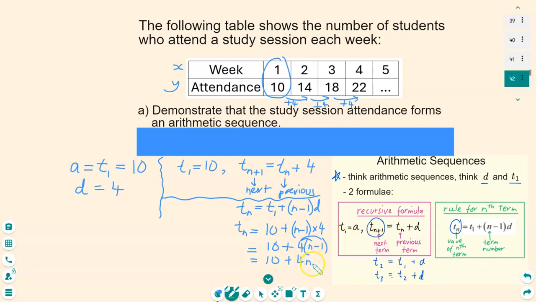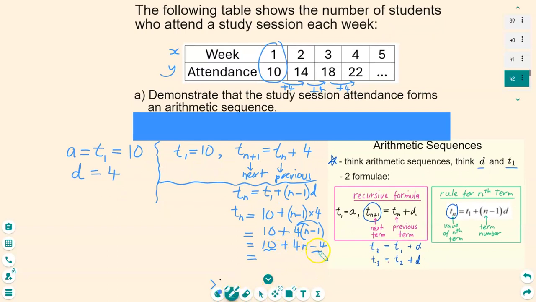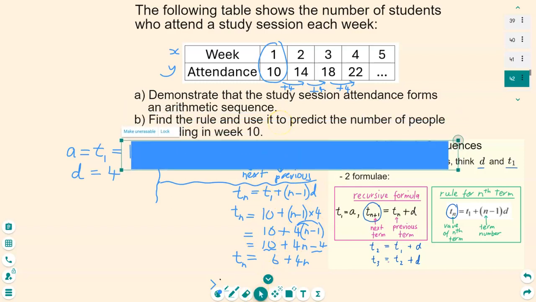Positive times a negative is negative. Simplify further and collect the normal numbers: 10 take 4 is 6. So that is what you could write. You have demonstrated that it forms an arithmetic sequence.